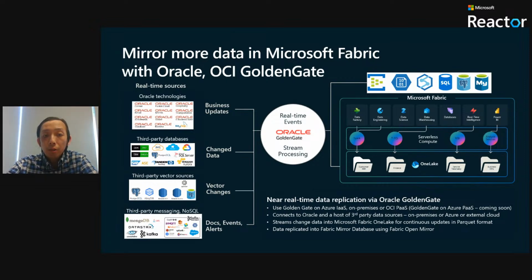So GoldenGate extracts changes from them, and it can write or replicate those changes to a variety of targets that it supports. Today we will be mainly focused on Microsoft Fabric as a target that Oracle GoldenGate supports.